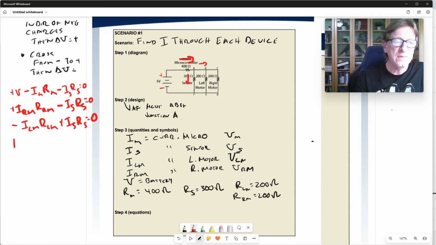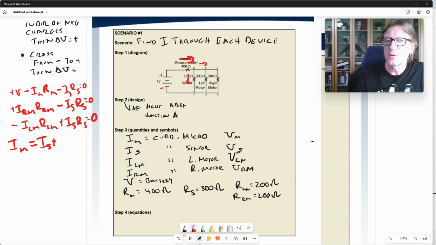So I know that the current through the microcontroller must equal the current through this left motor here. I'm sorry, through the sensor. Let's do that one first. Plus the total current that's going through these two, right?